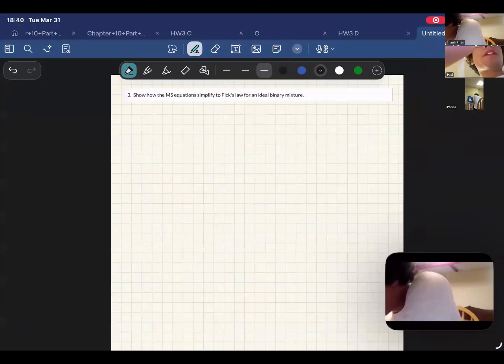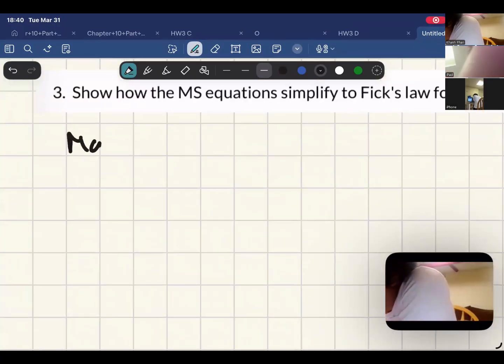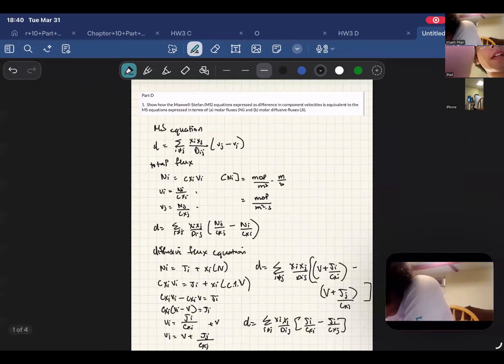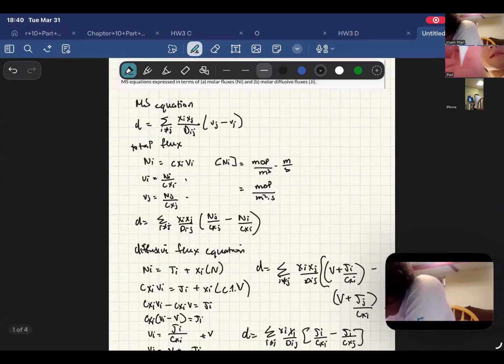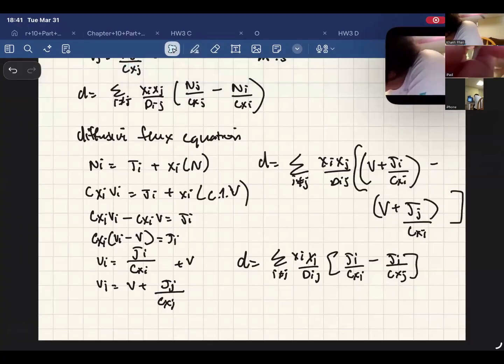And then for the third one, we need to show how the Maxwell-Stefan equation simplifies to Fick's law for an ideal binary mixture. So go back to our Maxwell-Stefan equation. Let's just use this equation for now.